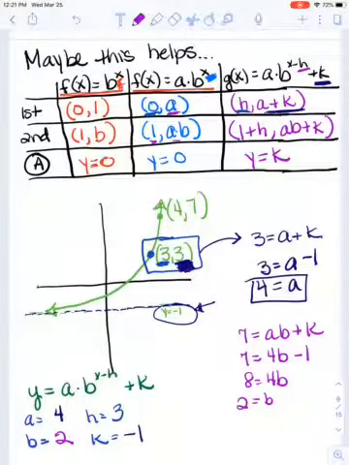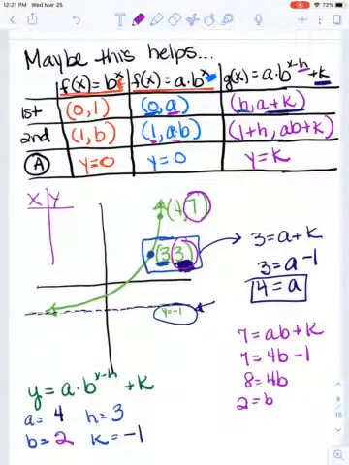Or the other thing you can do, if you forget the formula, is remember that these y values are just like the chart. We looked before and we put numbers in a chart and asked, what's the pattern?